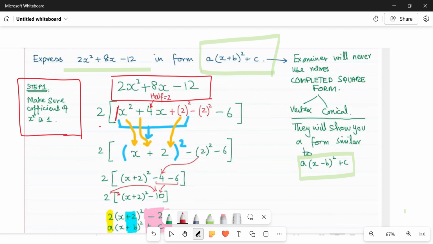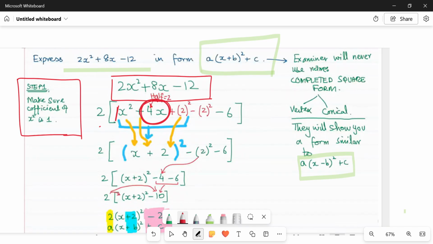Now you need to leave some space, and then minus 6, right? You need to leave some space here. Why? Because you need to convert this into three terms. This 4, you need to make it into two halves.